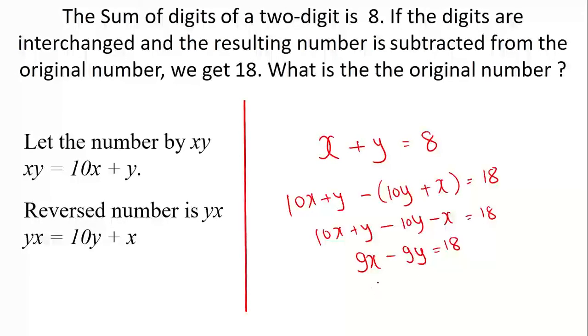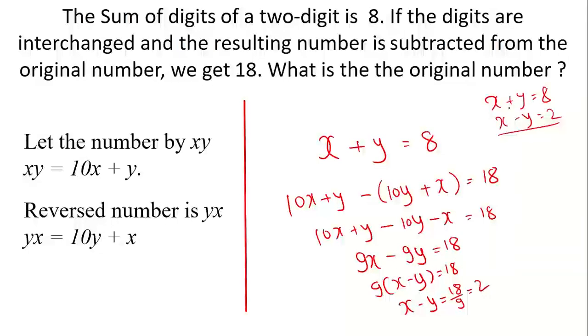If I take 9 common, I will be left with 9 times x minus y is 18, and I can cancel out this 9 from the left hand as well as the right hand side. So I will be left with x minus y is nothing but 18 divided by 9, which is 2. Now I can see that x plus y is 8 and x minus y is 2.